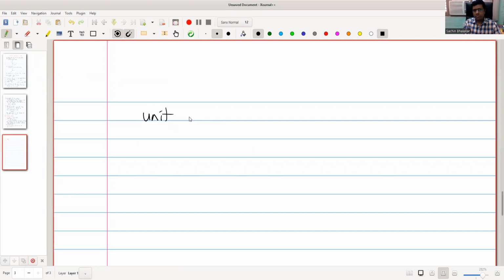Unit vector means vectors with length 1, and these are orthogonal to each other. Orthogonal means these are making an angle of 90 degrees with each other. Okay. So mutually orthogonal unit vectors.